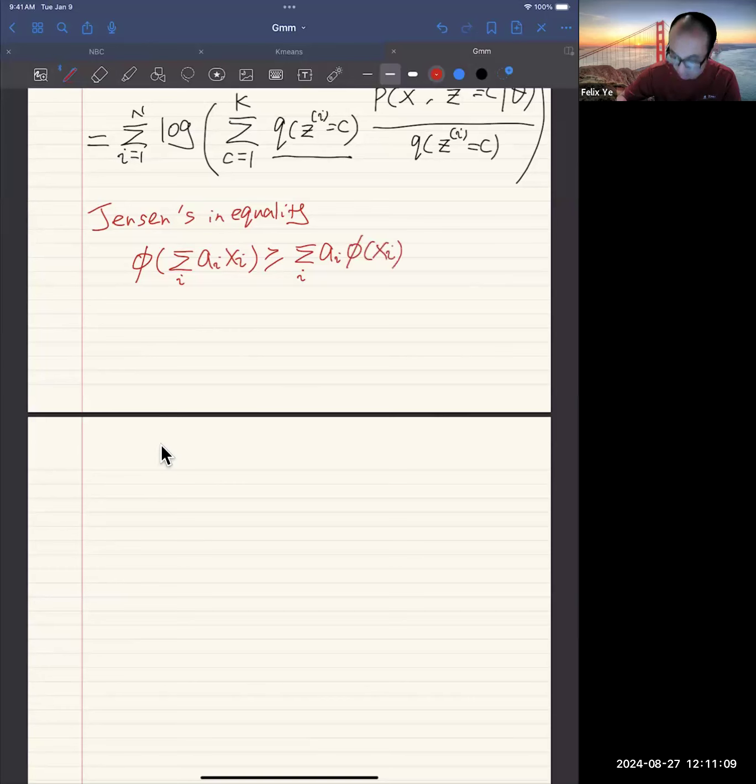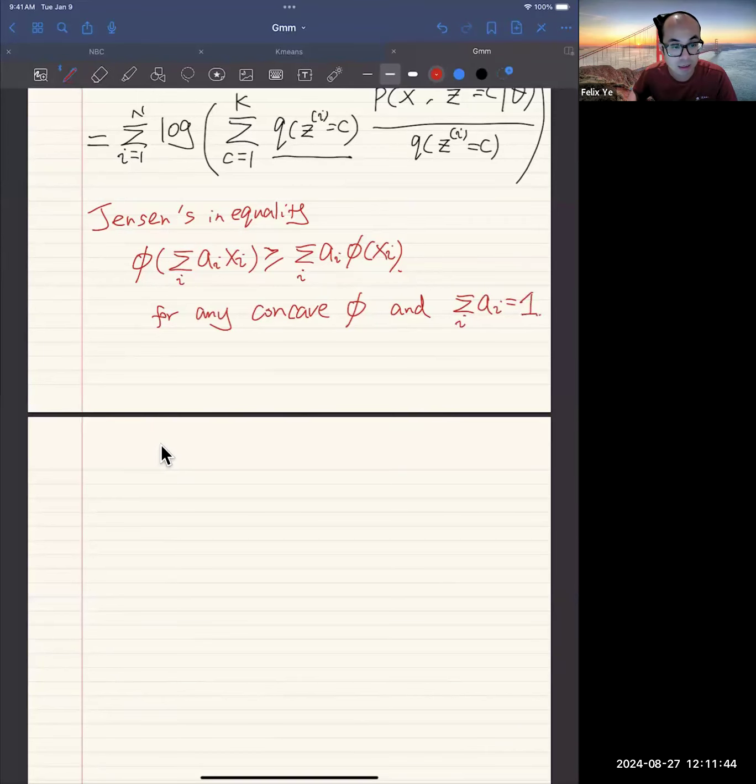So basically I can switch the order of the summation and phi, but it's not an equal sign, just bigger than or equal, if phi is a concave function, and also the summation of a_i has to be equal to 1.